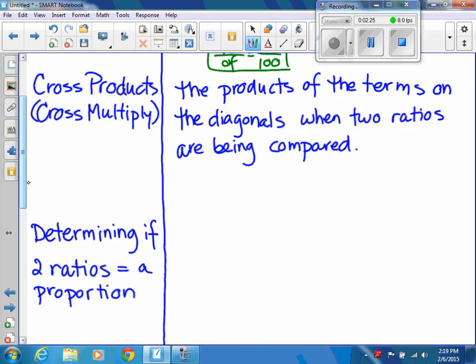I'll explain more about that with our next example. But basically, again, it's the products of the terms on the diagonals when two ratios are being compared. So let's see what that really means.